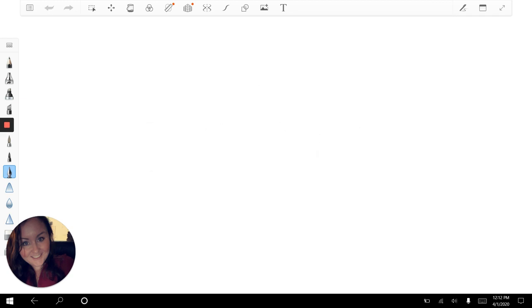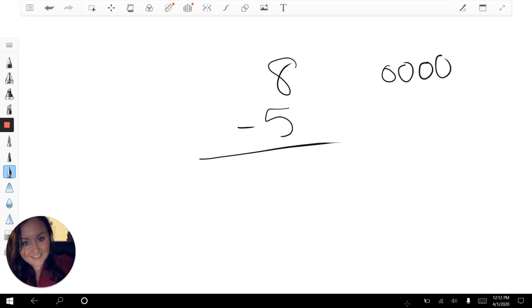Okay, so subtraction. We've already visually done subtraction. What it looks like is this. If we have 8 and we're subtracting 5, so there's our 8 little Skittles, and I'm subtracting 5, I have how many left? 3. Good.